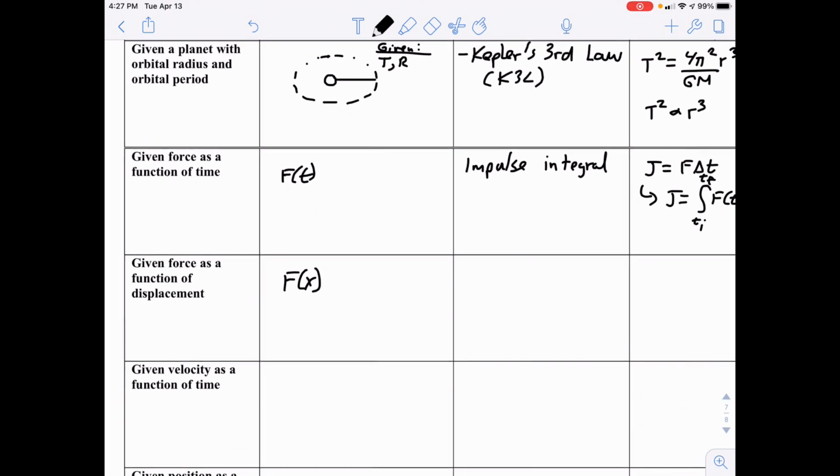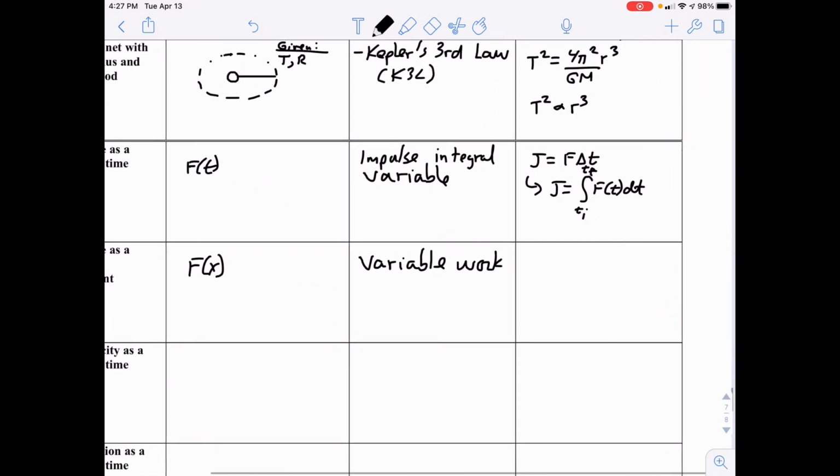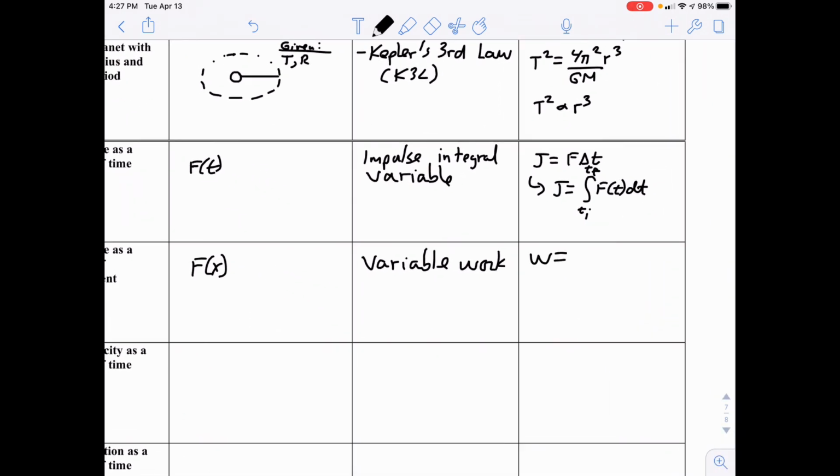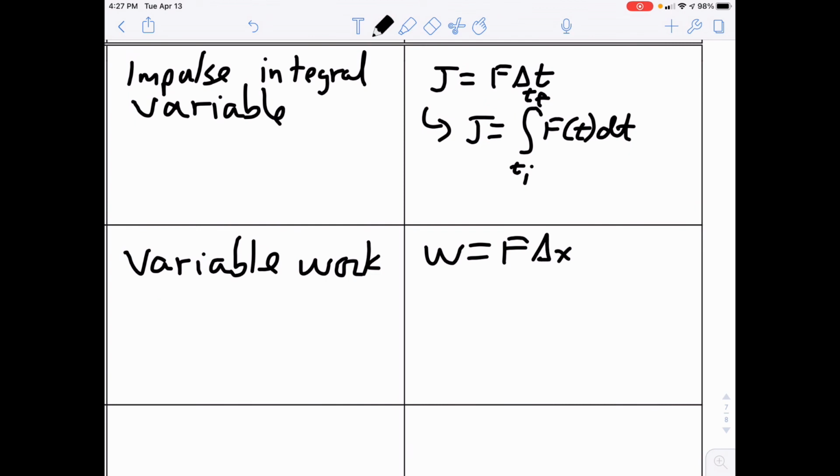Well, in these instances, that's going to be a variable work problem, just like this is a variable impulse problem. And in much the same way, work is equal to force times distance, or you could write it as force times delta x.